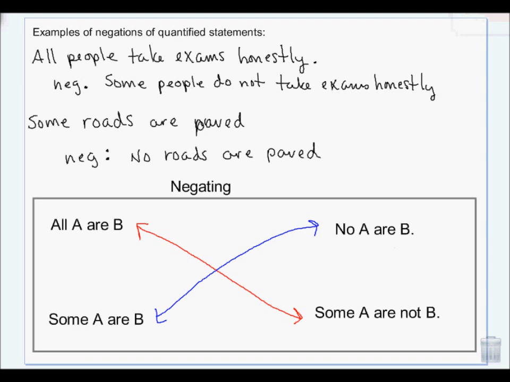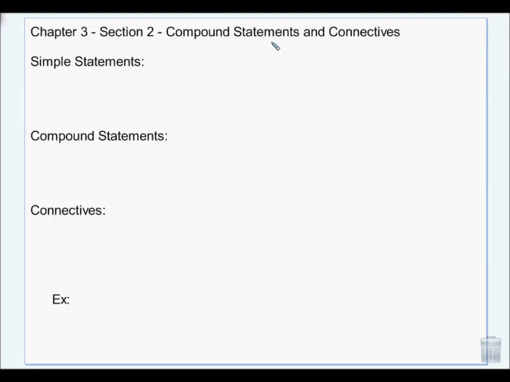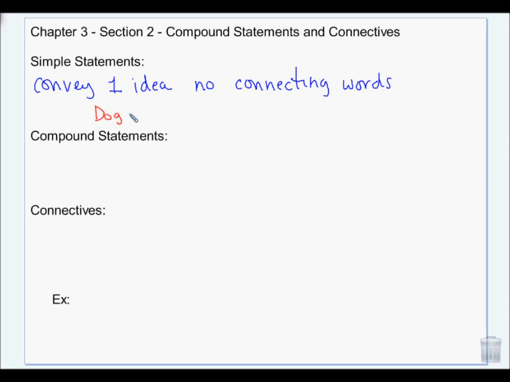Section. We have compound statements and connectives. Okay, simple statements only convey one idea, and there are no connecting words. Dogs bark. One idea, no connecting words. Simple statement, right?